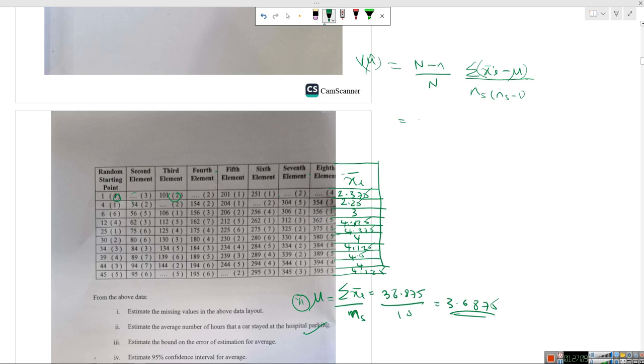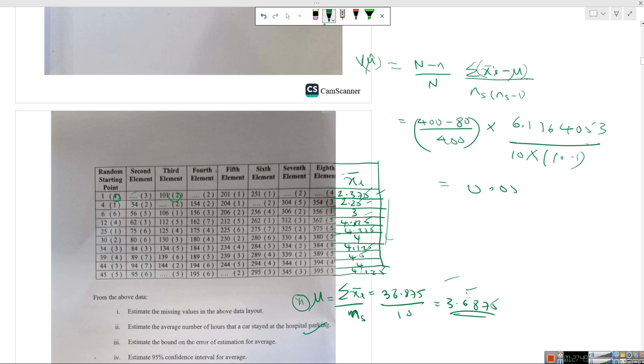Here 400 minus 80 divided by 400, into, you subtract all these values from the mean, square each and add them up. You will get this value as 6.164053, divided by ns, which is 10, into 10 minus 1, and if you simplify this, you will get the answer as 0.0548.